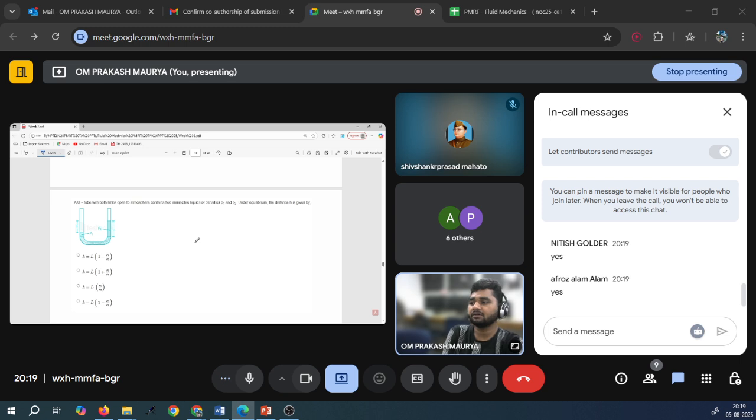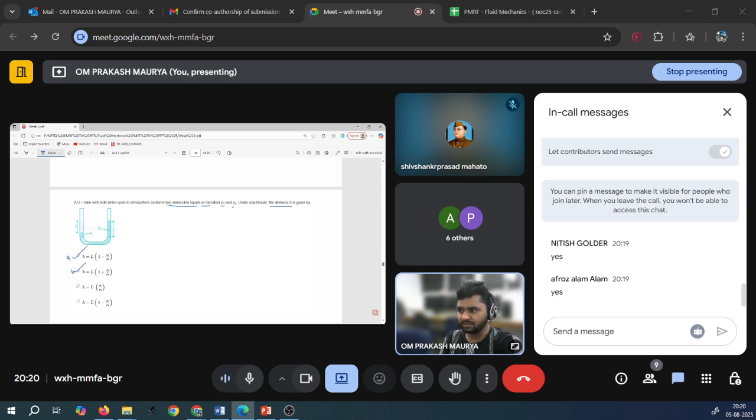The next question is: a U-tube with both limbs open to the atmosphere contains two immiscible liquids of density rho 1 and rho 2 under equilibrium. This distance h is given by which formula? Which option?